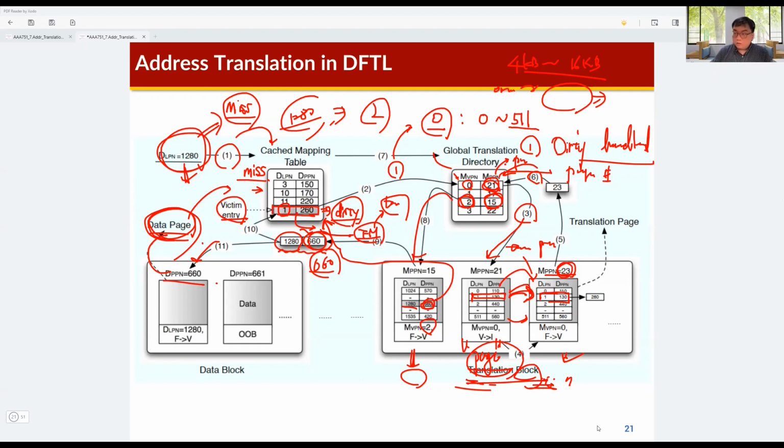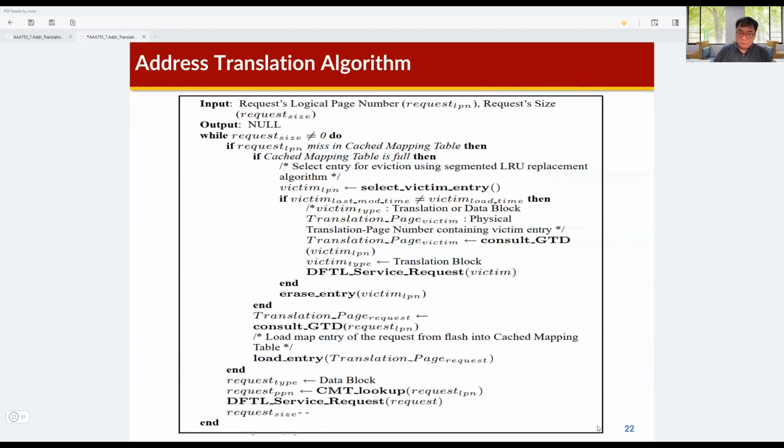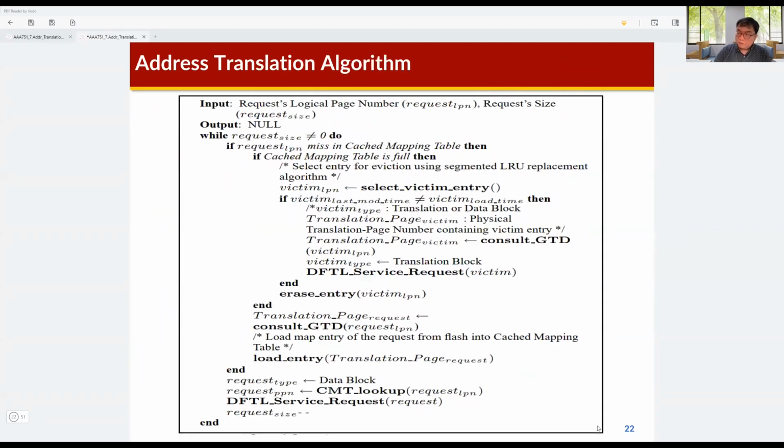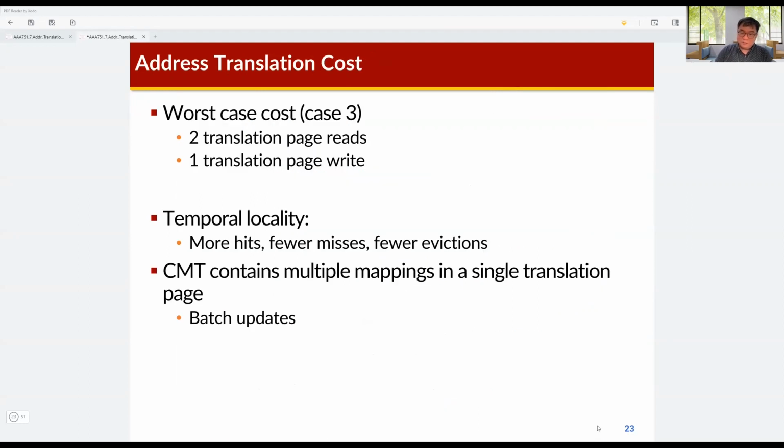So this is the worst case of the DFTL architecture. For this algorithm, you can read the paper to understand it. So what is the worst case? It's case 3.